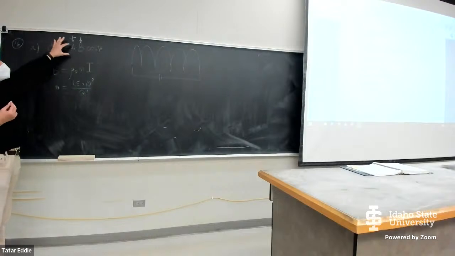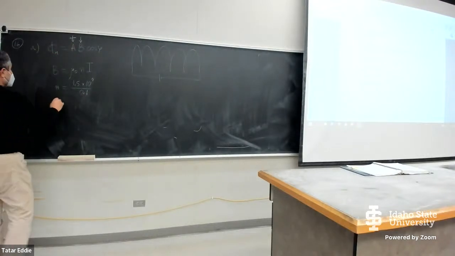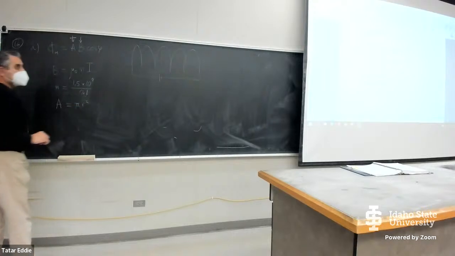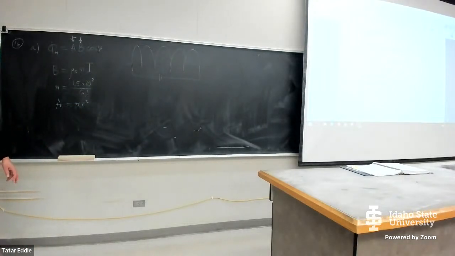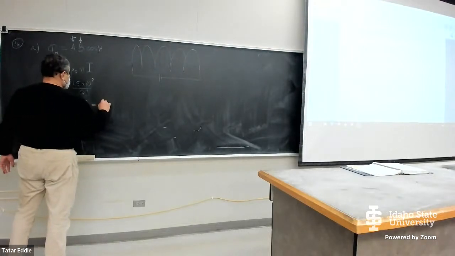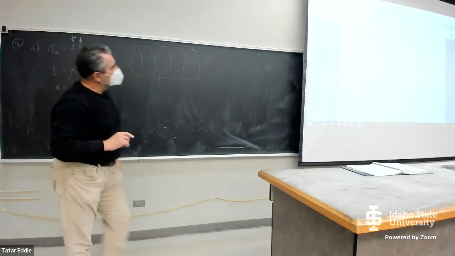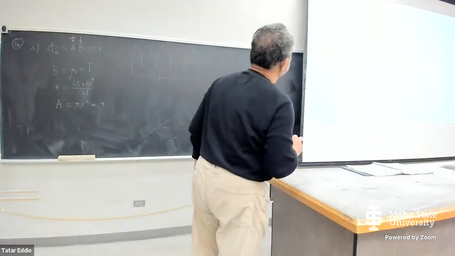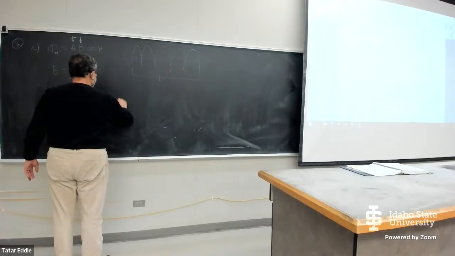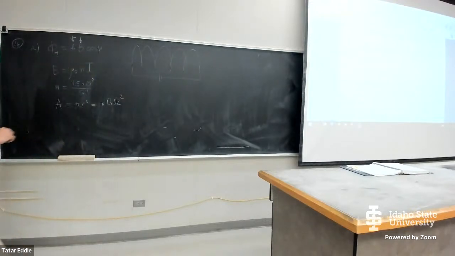So the area of the loop is pi times the radius of the loop, not the solenoid. So it is pi multiplied by the loop radius 0.02 squared. So you have to plug in the numbers here.